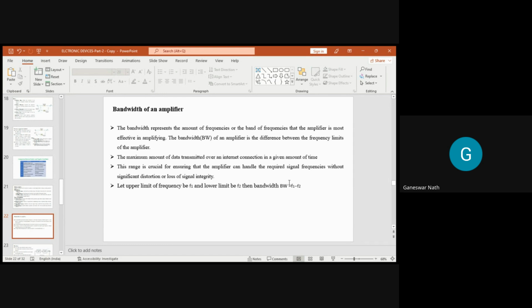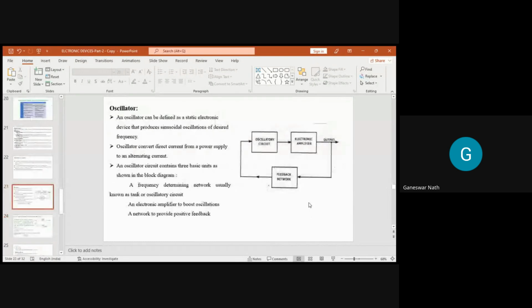So if the upper limit of frequency is f1 and the lower limit is f2, then bandwidth is f1 minus f2. So this is all about bandwidth.